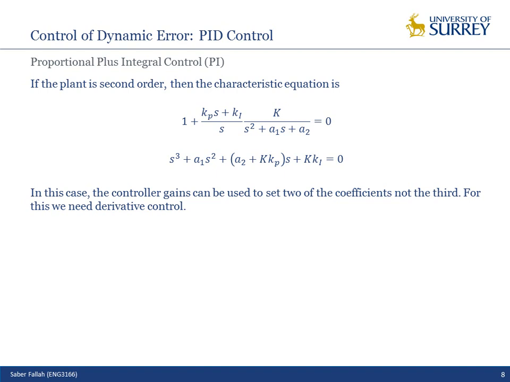Again, look at the third lecture note to see how additional poles and zeros will affect the response of the system and how I can simplify my transfer function to a second or first order, or at most third order system.